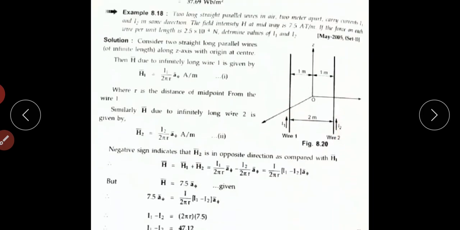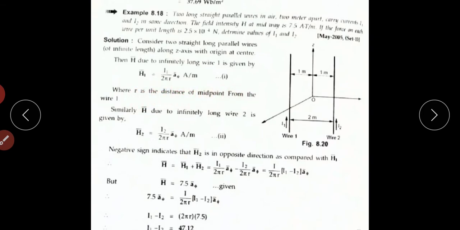So first, we know that the magnetic field intensity due to a line conductor, H bar, equals I by 2 pi r into a phi bar. Here, the magnetic field intensity due to long wire 1 is given by H1 bar, which equals I1 by 2 pi r into a phi bar, where r is the distance of the midpoint from wire 1.